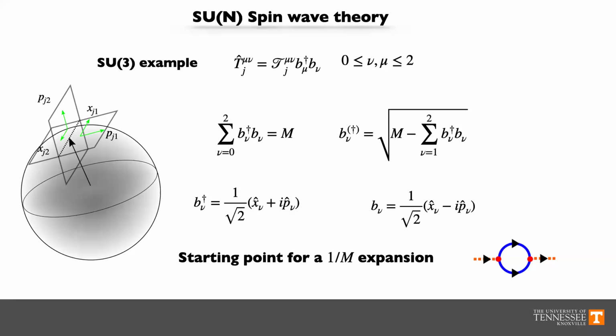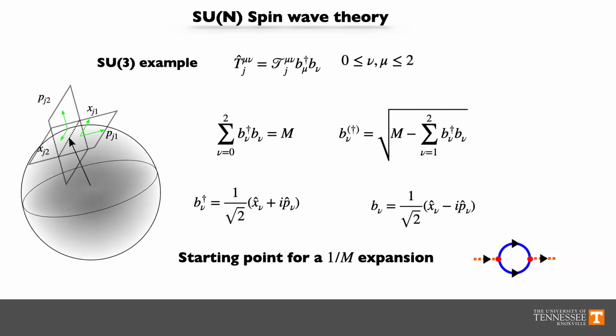So the number of collective modes is different now because we have a larger phase space. And again, we can introduce three flavors of Schwinger bosons for SU3, represent all the generators as bilinears in these bosons, and write down a Holstein-Primakoff transformation where this parameter M now appears, because the number of bosons tells us what the irreducible representation is.